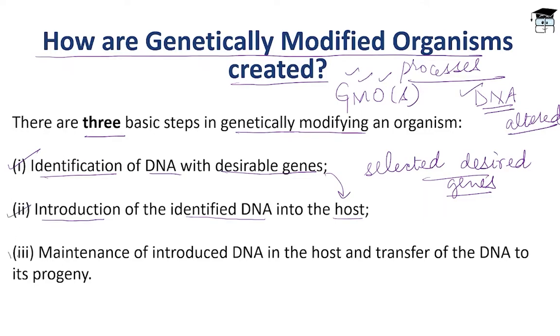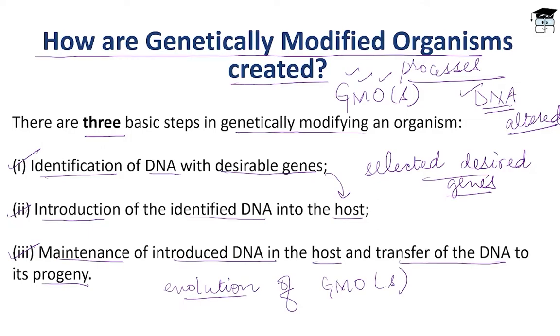Then the third step is to maintain the introduced DNA in the host and then transfer of that DNA to the progeny. Okay, genetically modified organisms are the goal to evolution of GMOs.